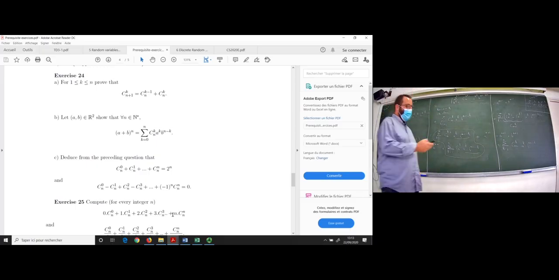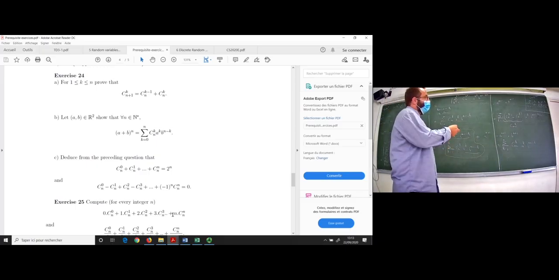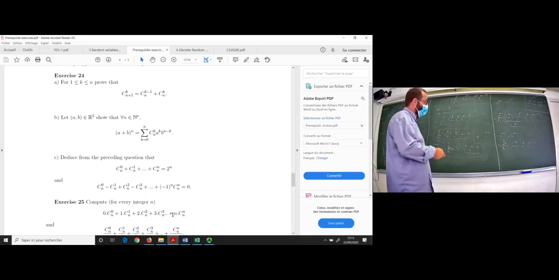And when I look at what I want, I want to prove this relation here, but I have this general term that is the same as in this sum here. The only problem I have is that here I have a sum from k equal to 0 to n+1, while here I have a sum from k equal to 1 to n. But I have two remaining terms.